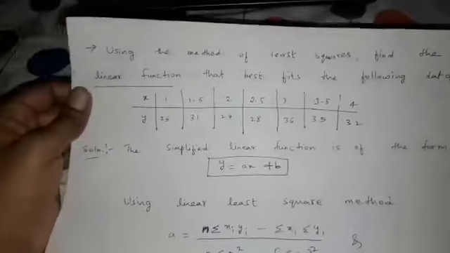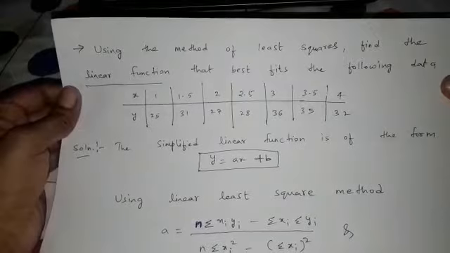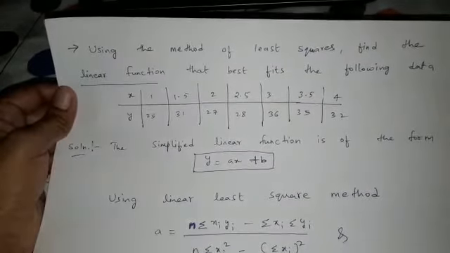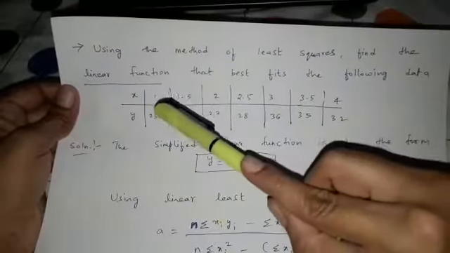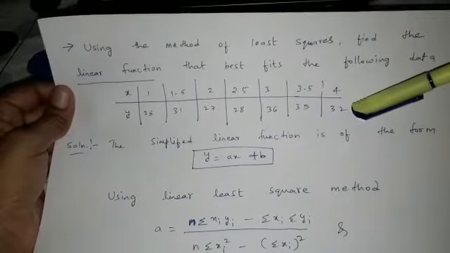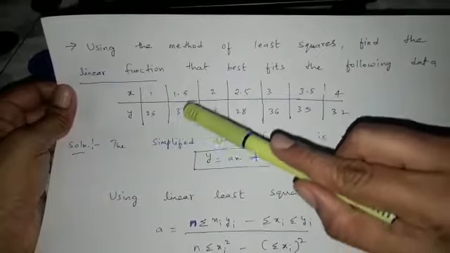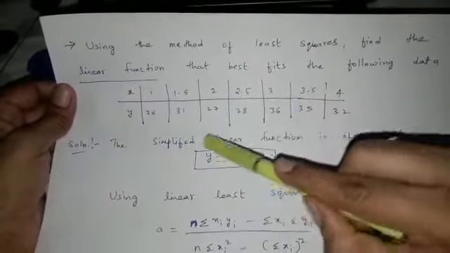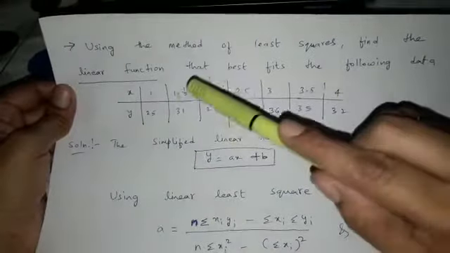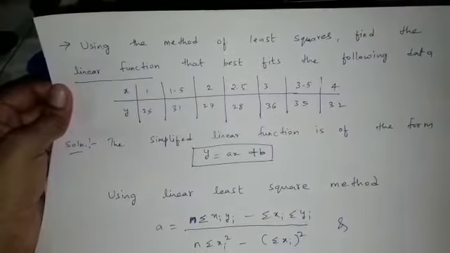The problem is: using the method of least squares, find the linear function that best fits the following data. So this is your experimental data. Remember, x is always your independent variable and y is always your dependent variable. At different x, the corresponding values of y are given. You need to fit a linear curve or a straight line that best represents this data using the least square method.